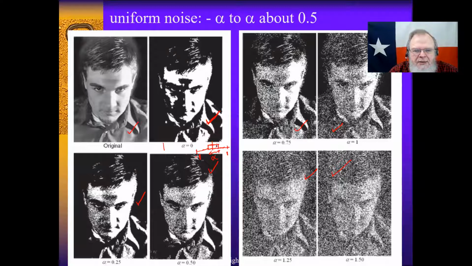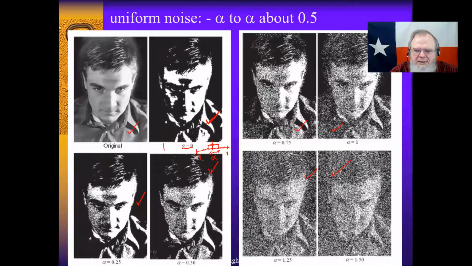So if I added alpha equal to 0, which means that distribution had 0 width, then no noise would be added. If I added a little bit more noise, 0.25, so the density function of the uniform random variable is 0.25. If I chose 0.5, I get this. And this is 0.75. And this is alpha equal to 1.